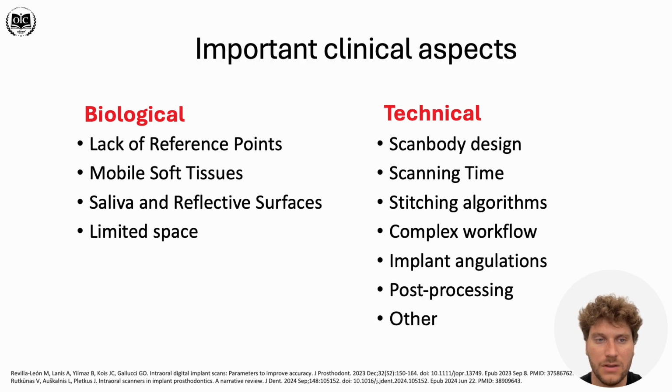According to these, the main problems are that we have a lack of reference points. The tissues that we're scanning are often mobile. We deal with saliva and all kinds of reflections in the mouth due to wet surfaces, and also, of course, the burden of our profession is limited space in the mouth.